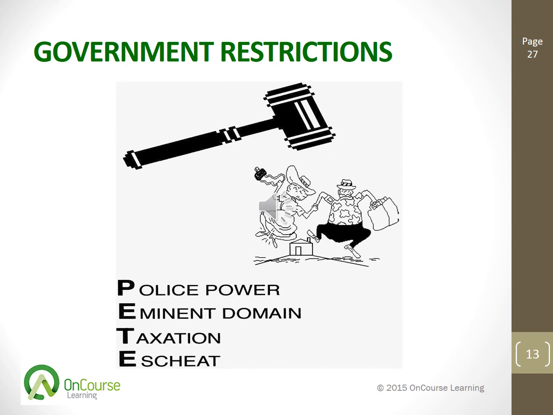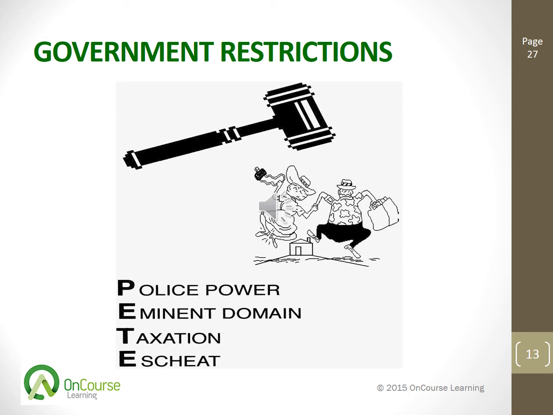Well, government restrictions are delineated below by Pete, our favorite buddy for government restrictions. P stands for the police power, E for eminent domain, T for taxation, and E for escheat. These are the 4 powers that government has. Police power refers to government regulations and so on, not necessarily the policeman on the corner.